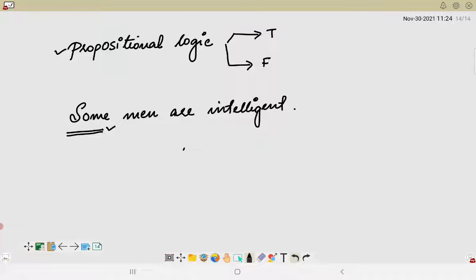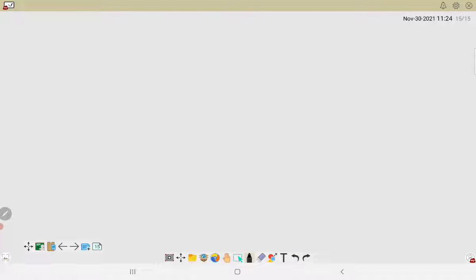For this we need some more powerful logic, such as the topic of discussion today, which is first order logic. Let me write it down: first order logic, or in short, FOL.